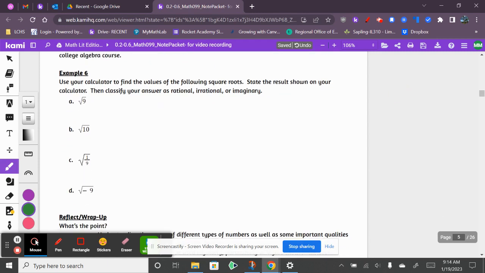For example 6, it says to use your calculator to find the values of the following square roots. State the results shown on your calculator. So when you use your calculator, you should find a button that has the square root button. If you're not sure how to actually locate it on your calculator, that is something to Google. I would Google the name of your calculator.